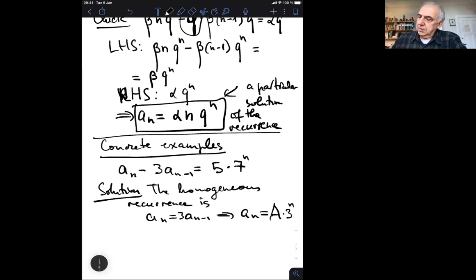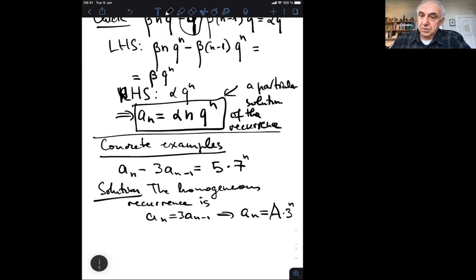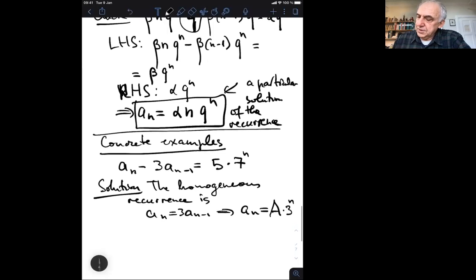So this is good because on the right-hand side we have 5 times 7 power n. So 7 is not 3, which means that we're in the easier situation where the characteristic roots are not the same. So 7 is not 3.